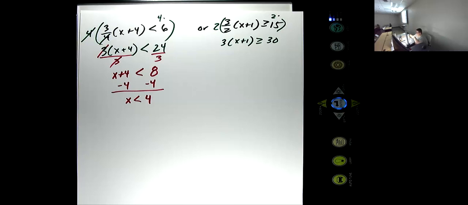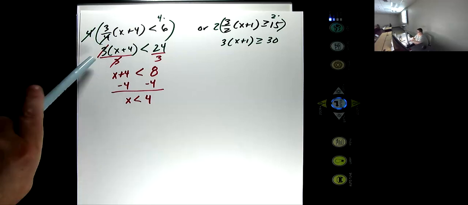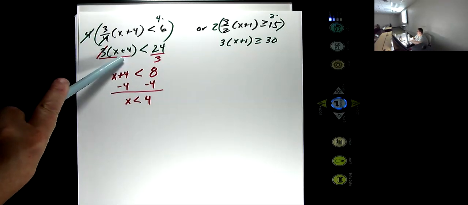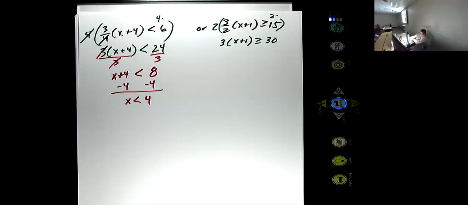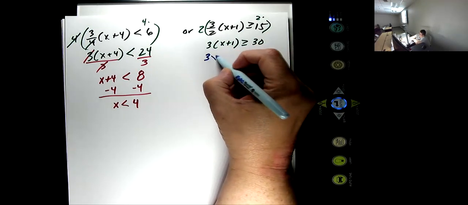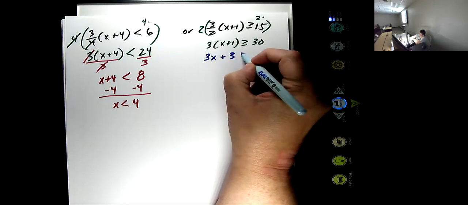Your other option, I'll do the other option. If you divide by 3, it clears out, only because the 3 is multiplied by the parentheses. The other option is you can distribute it. We have 3 times x and 3 times 1 is 3.